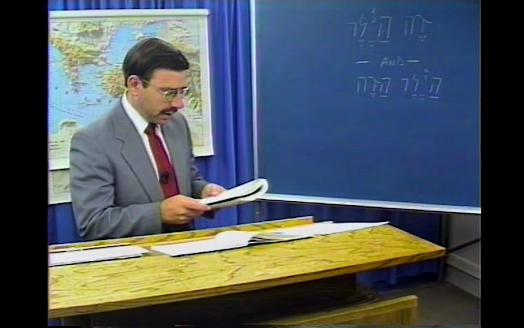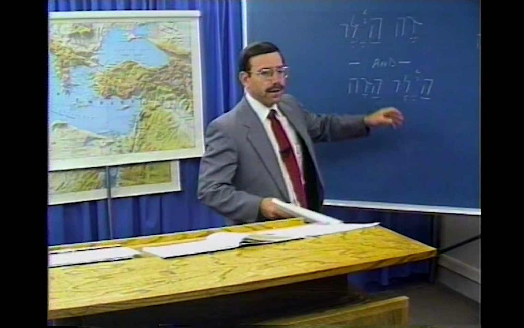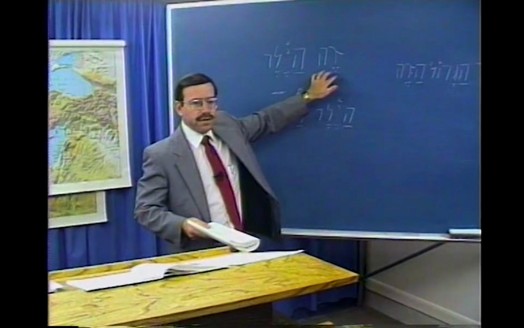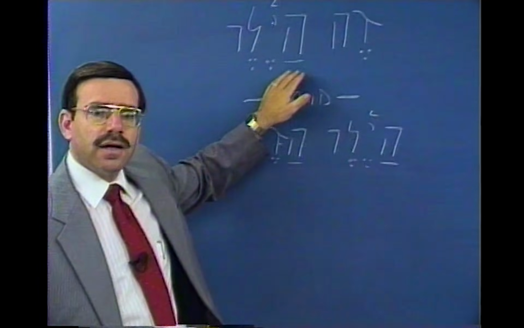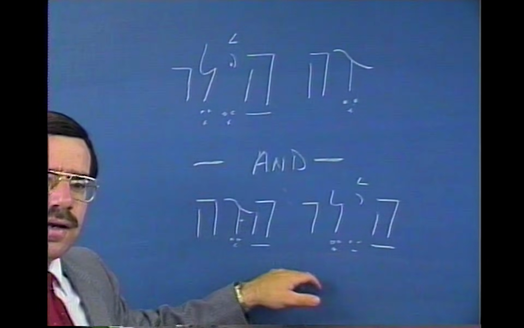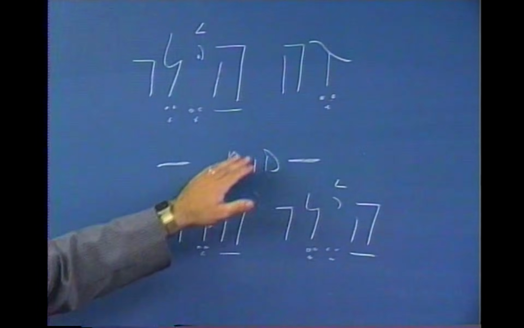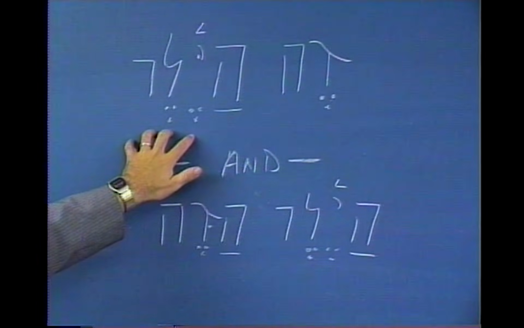Also, I want you to notice, and we'll go to the board to demonstrate this, that there is a tremendous difference between the phrase, and I've already got this written on the board, Ze Ha-Yeled and Ha-Yeled Hazeh. The difference is this right here is a complete sentence.